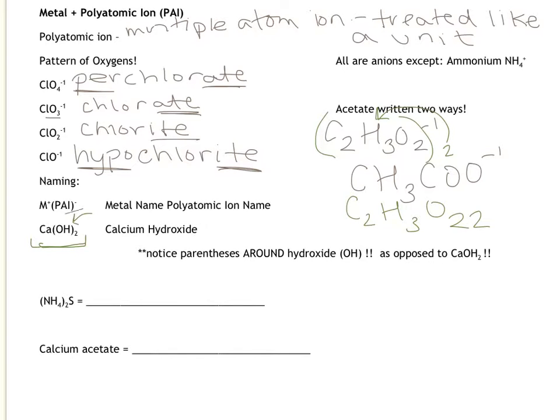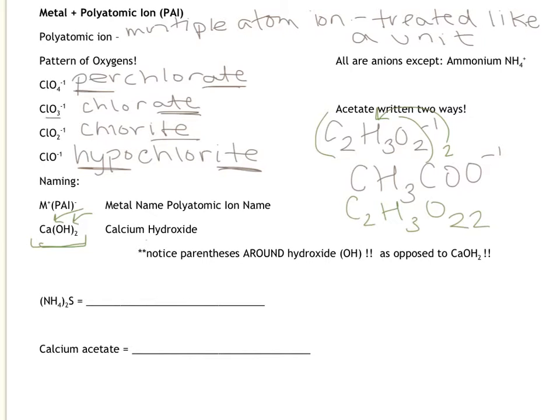Also, we have the parentheses here. That also tells me that I have a polyatomic ion. So I name it just like before. I take my metal name, which was calcium, and then I look for my polyatomic ion on the chart. So you all have a chart with your polyatomic ions, and we look for OH. We also notice that there's a 1 down here, so it'll be under the column. It has a -1 charge. So I look for that OH, and OH is hydroxide, so a hydrogen and oxygen bonded together.